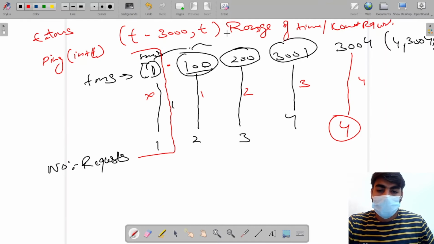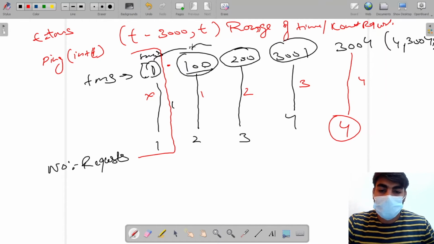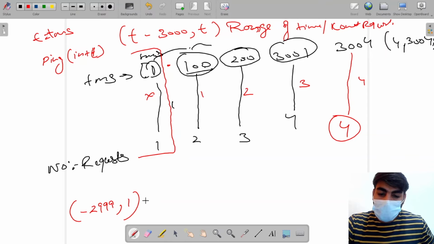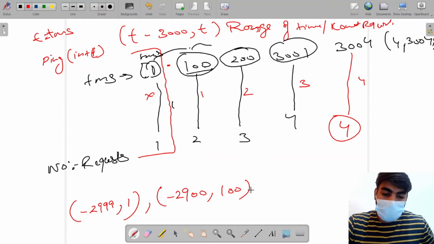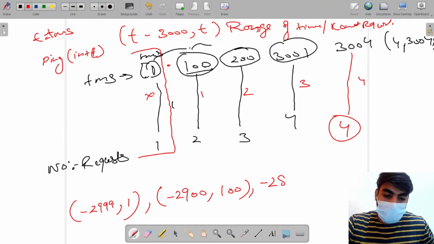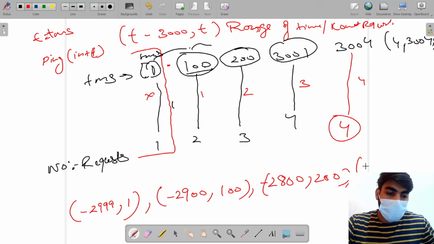Okay, now for the largest, like the previous, the current time is larger than the previous one, you can see here. For the first one we have minus 299 and 1. For the second one we have minus 2900 and 100. For the third one we have minus 2800 and 200. And for the fourth one we have 1 and 3001.